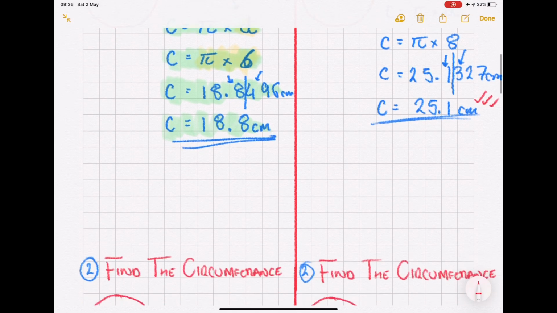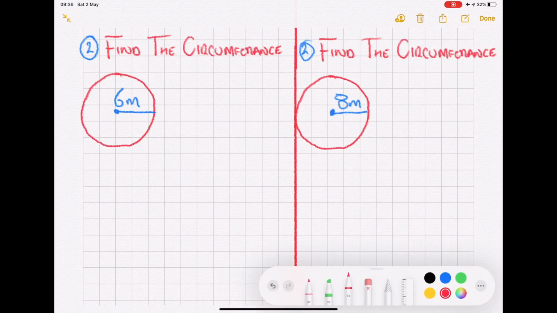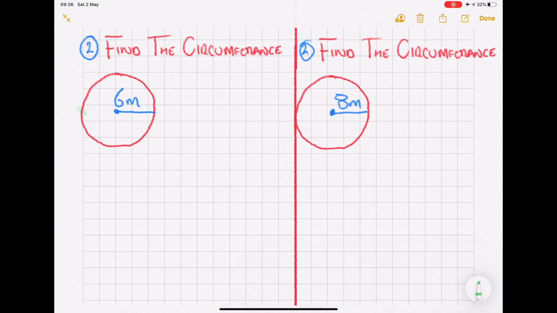Okay, let's have a look at this second question. Find the circumference. Okay, so this question is a little bit different because as we can see, as opposed to being given the diameter which will go from this edge to this edge, all we've been given is the length that goes from the centre to one of the edges. And what did we say that was?